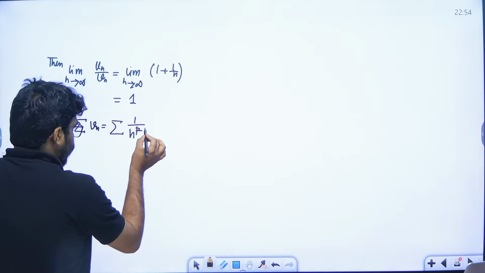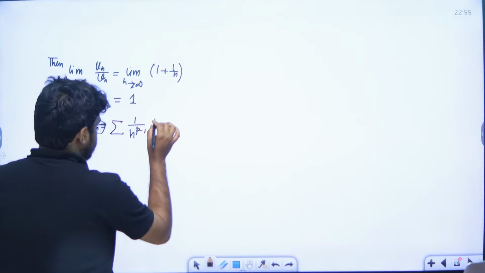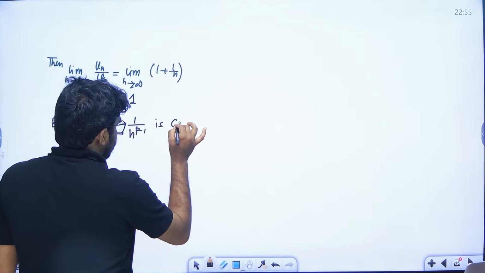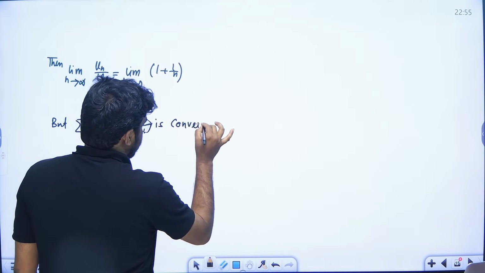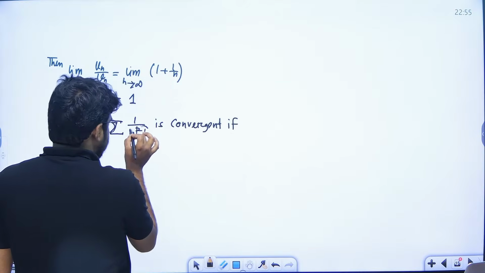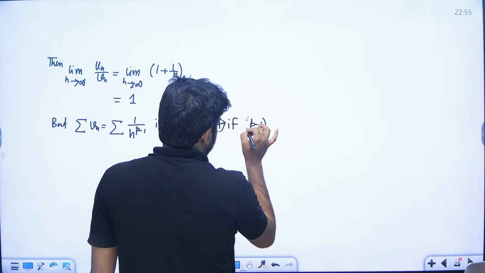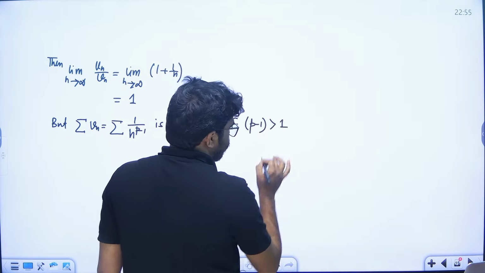So this is convergent if p minus 1 is greater than 1, right? This is convergent if p minus 1 is greater than 1.